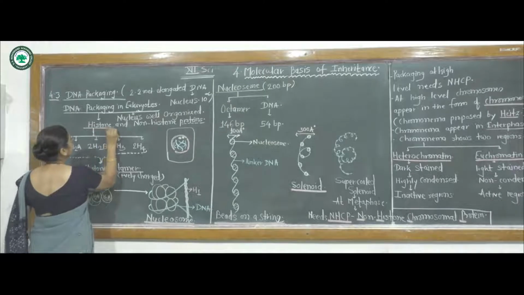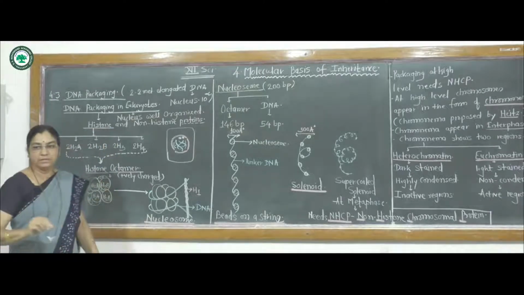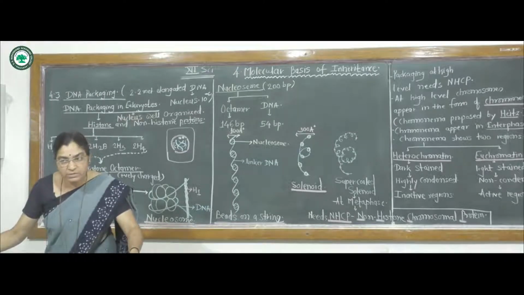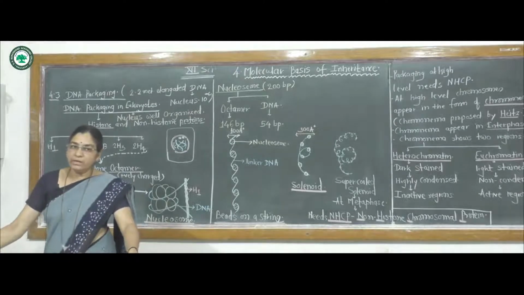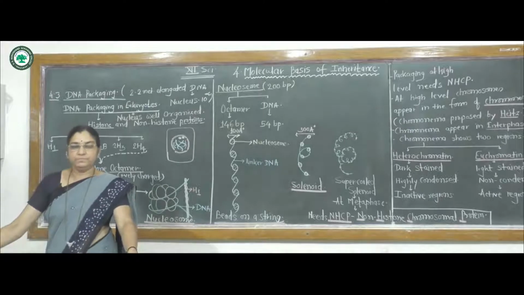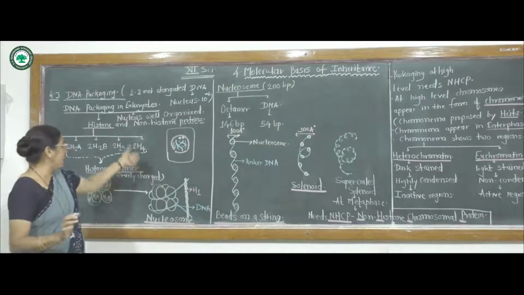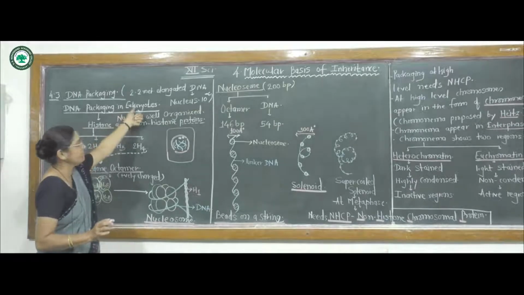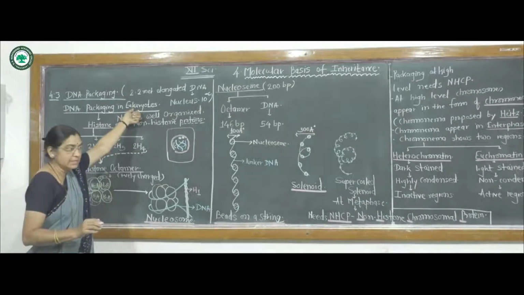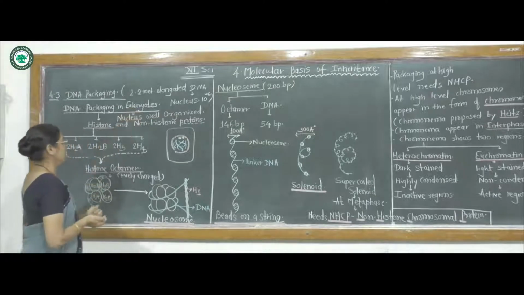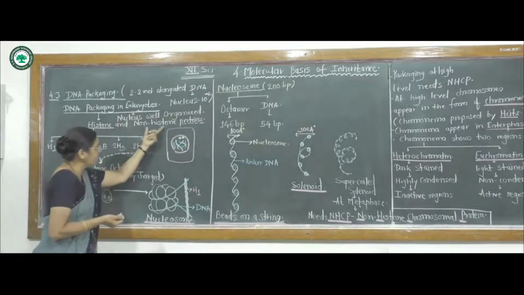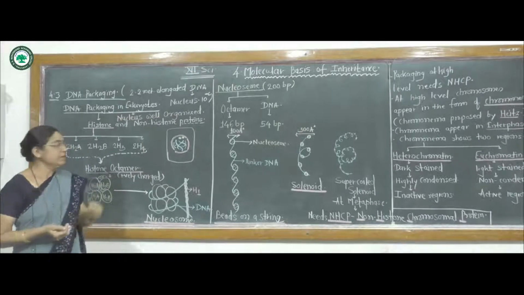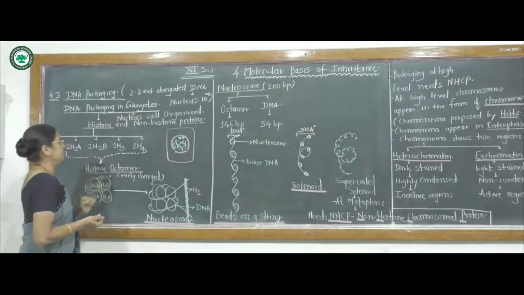So the presence of histone protein is the typical characteristic feature of eukaryotes only, and not of prokaryotes. A multiple choice question may be asked here with reference to histone proteins, which are the characteristic feature of eukaryotes. The histone and non-histone proteins play a very important role in the packaging of the DNA.